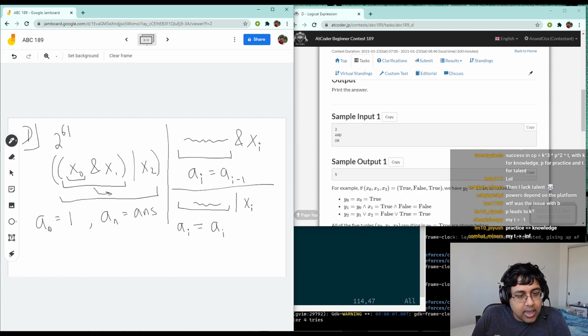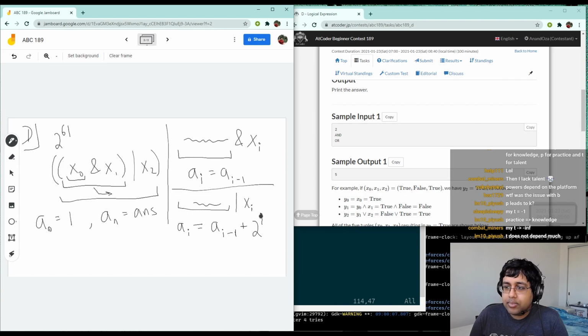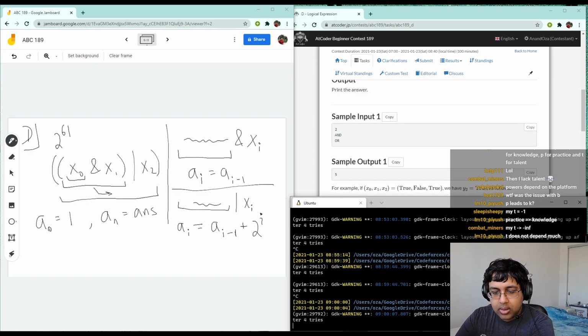So this would be ai minus 1 plus the number of ways to have all this previous stuff happen. So I think that would be 2 to the i. Cool. So now we have this simple recurrence with an if statement thrown in, and we can just implement that using a for loop.